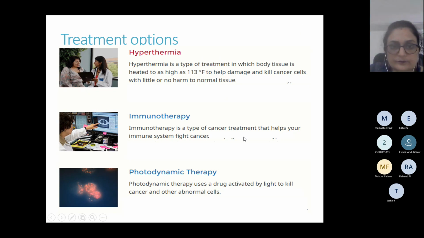Immunotherapy is a type of cancer treatment that helps your immune system fight cancer. See, I told you, you have the lymphatic system running in the body. This lymphatic system is mainly responsible for the immunity of the patient. Now, what happens when any normal person gets any type of disease?